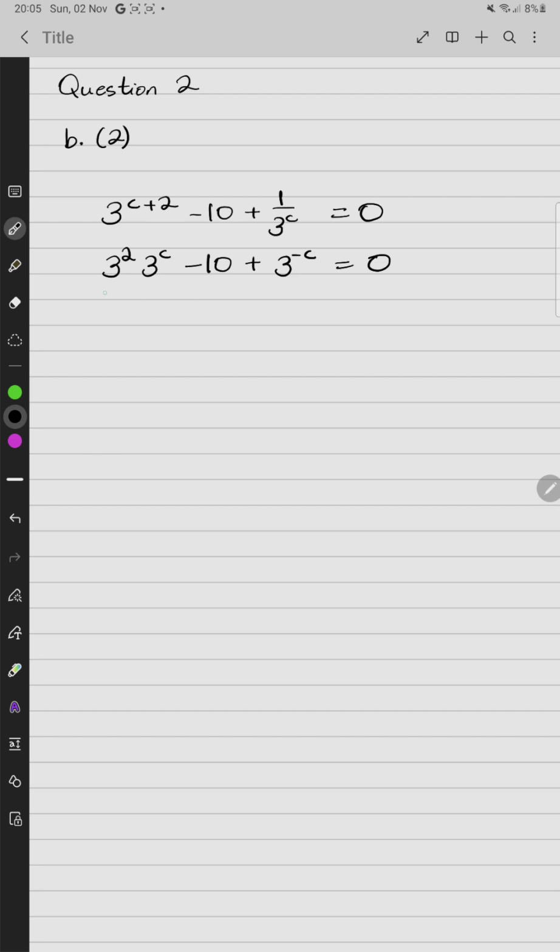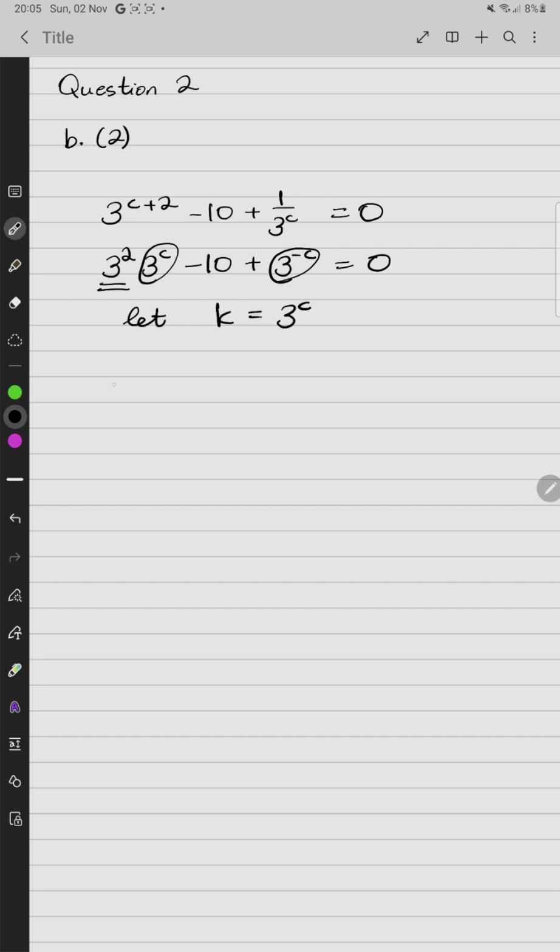And I see that I have a square, and I see that I have a 3 to the c on both sides. So maybe I could say let k be equal to 3 to the c. I could do that, and that would help my expression a little bit.